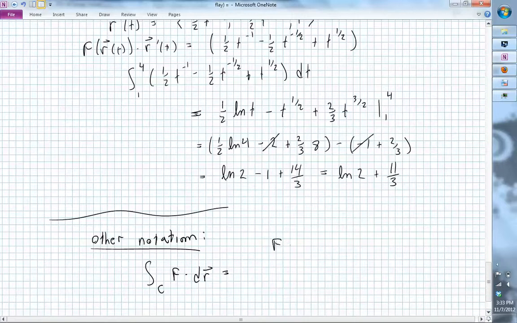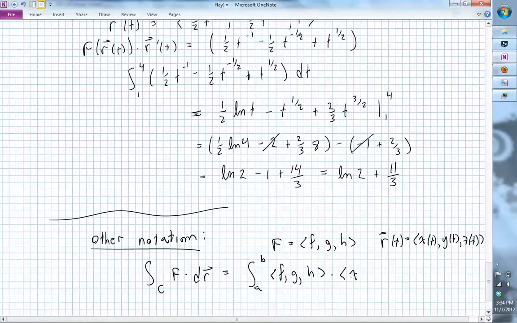If f is some vector function f, g, h and r of t is x of t, y of t, z of t, then f dot dr looks like this, the integral from a to b, f, g, h dotted with x prime, y prime, z prime, dt.